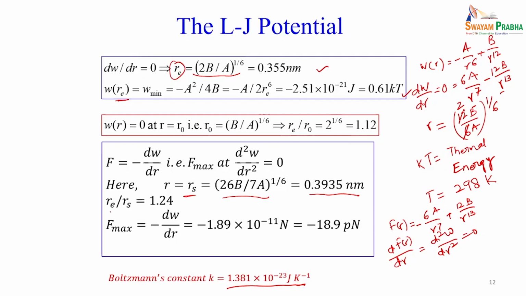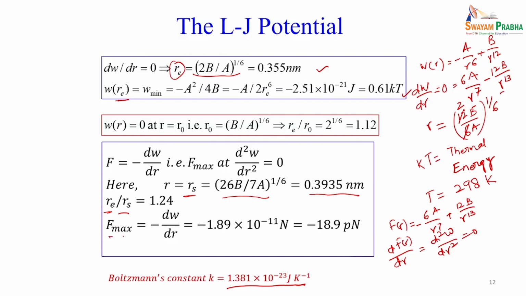If you take the ratio of r_e and r_s, r_e being where the potential was minimum and r_s the distance where the maximum force is there, the ratio is coming to 1.24. This is a typical value; we always consider r_e upon r_s as 1.24.